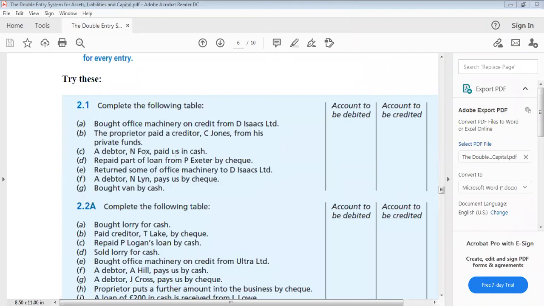A debtor, Nfox, paid us in cash. Which account would you debit and which account would you credit? Nfox will be the account to be debited. Not quite, credit, sorry. And which account to be debited, by the way?